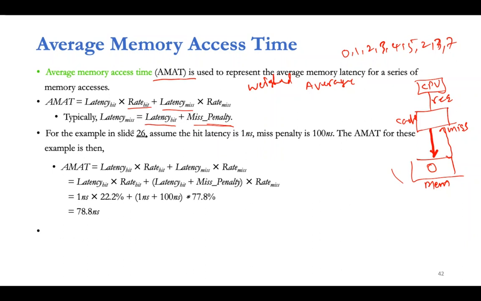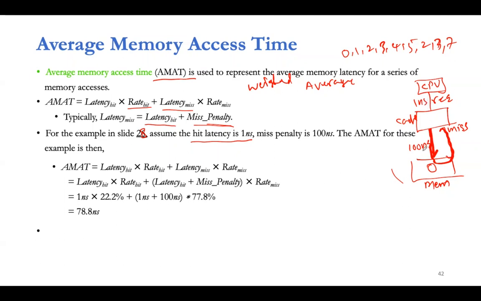So for our previous example, assume that the hit latency time is 1 nanosecond, the time it takes from here to here, and the miss penalty time, the process of sending the request and finding and returning the data, is 100 nanoseconds.